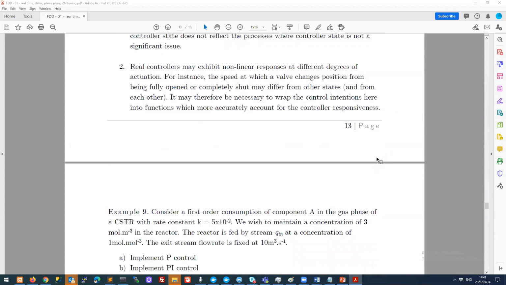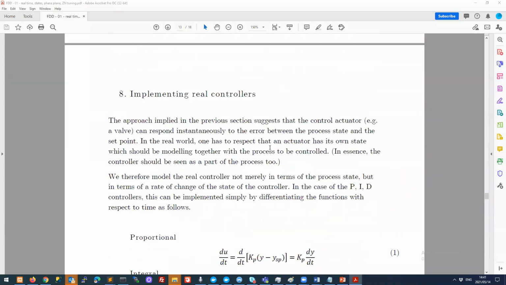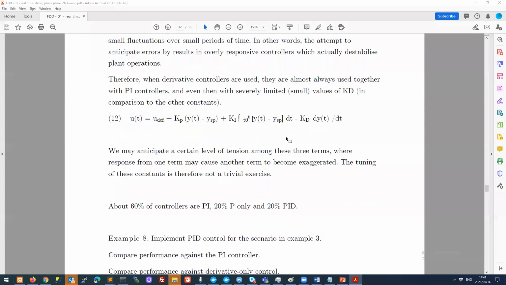Okay. Hi, sir. If you don't mind, can we please go through example 3? Example 3 is which one? Page 7.